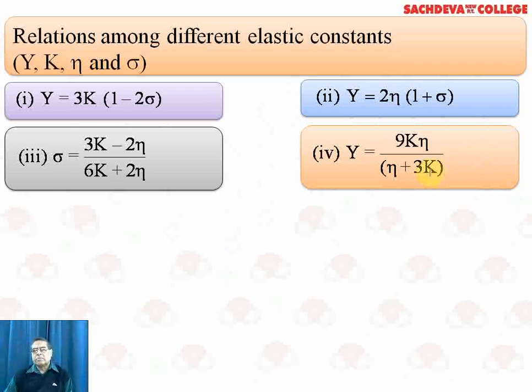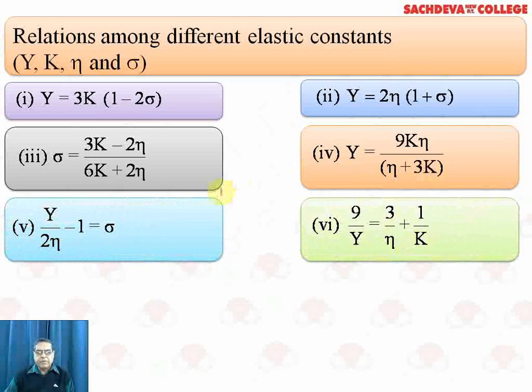When we use the term bulk modulus, we are referring to liquids as well as gases, because gases are also fluids. Now the fifth formula is for Poisson's ratio. Poisson's ratio has different formulas which we can work out, but it is not necessary at this stage. We can simply remember the formula to solve numerical problems.